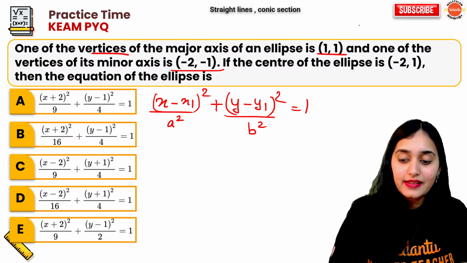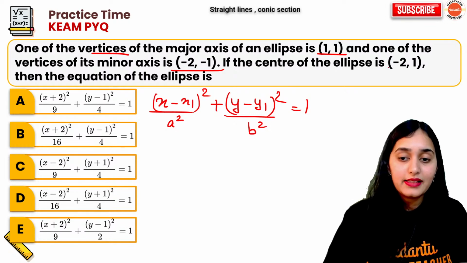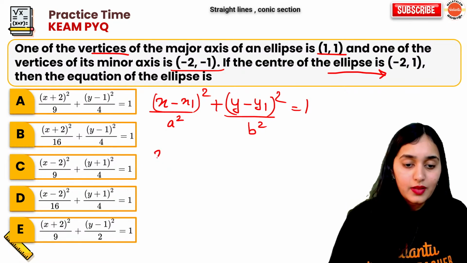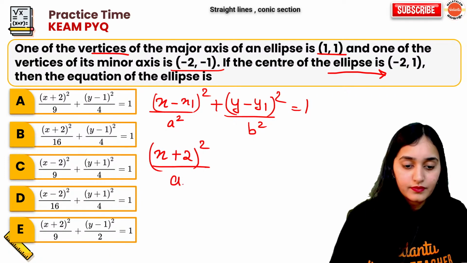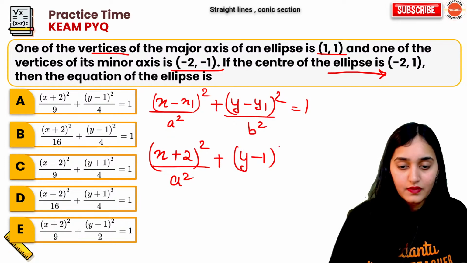Now, the center is given here. What is the center? Minus 2, 1. So, it will be x plus 2 and y minus 1.